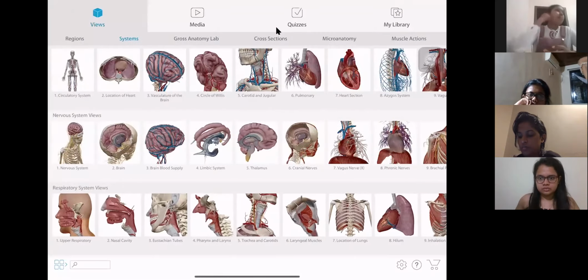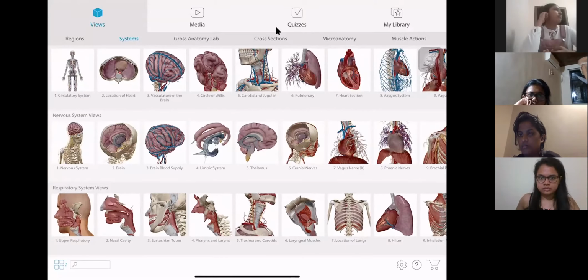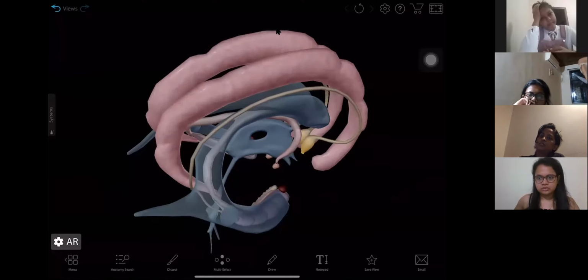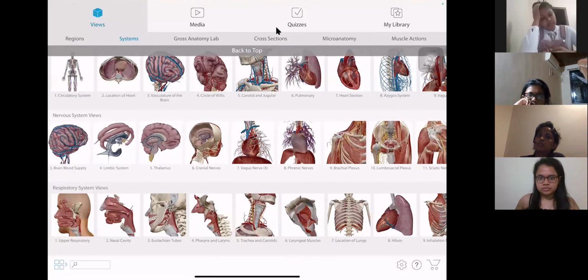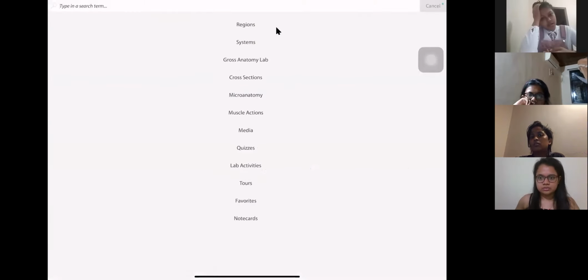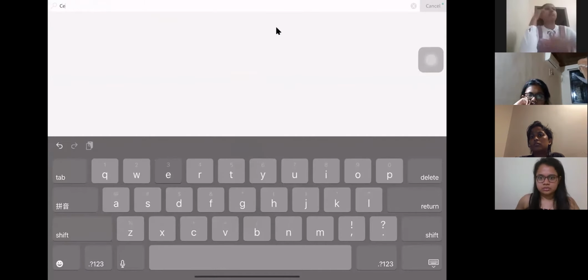Next, we have the other structure. Guys, this is very important when reading CT scans.